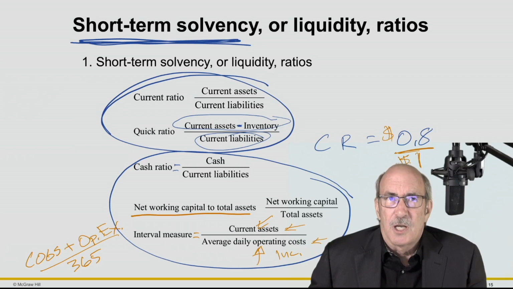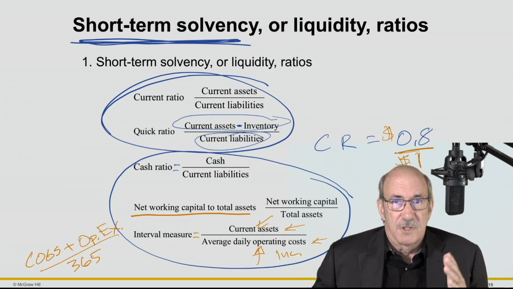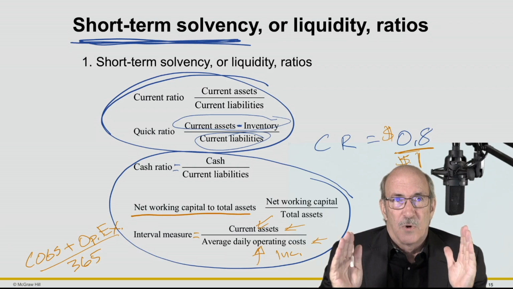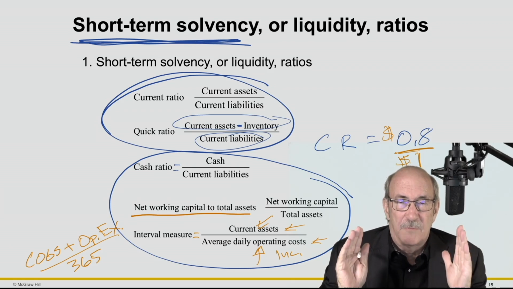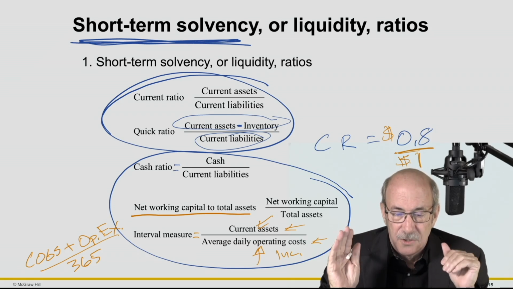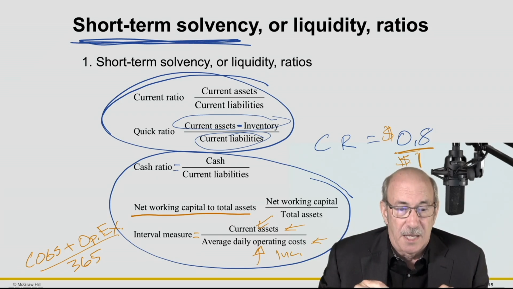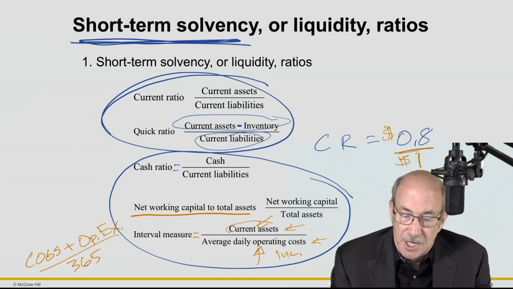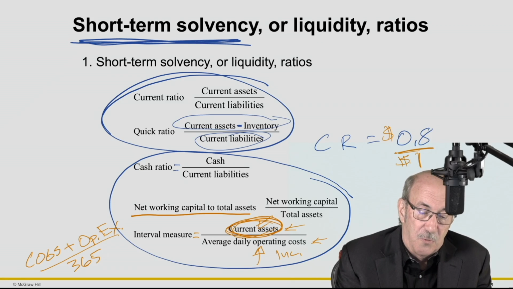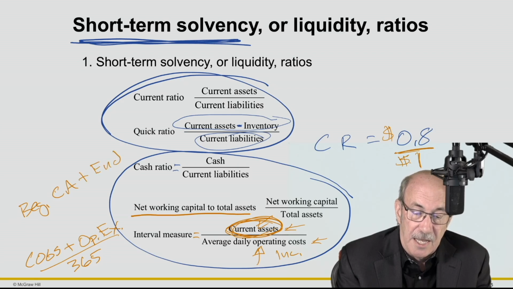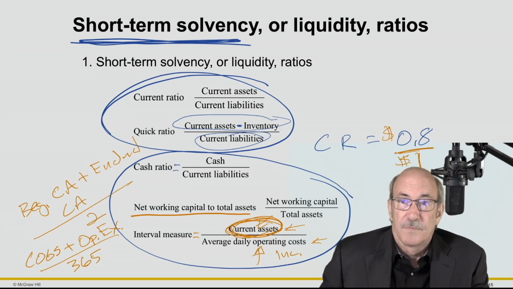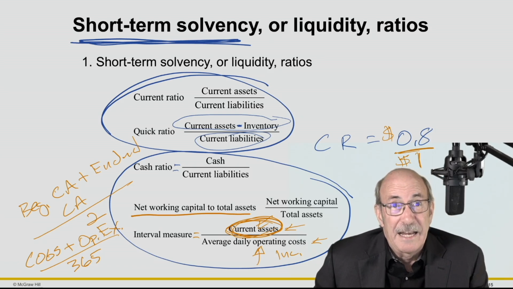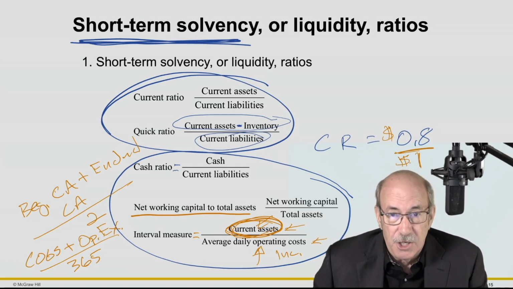Notice that the income statement being a flow, in other words, it's over a span of time, whereas the balance sheet is a snapshot at the beginning and at the end of that time. So typically, for the balance sheet item, this current assets item, we would want to take the beginning current assets, add to that the ending current assets, and divide that whole thing by 2. That way we get an average of the current assets over that year.